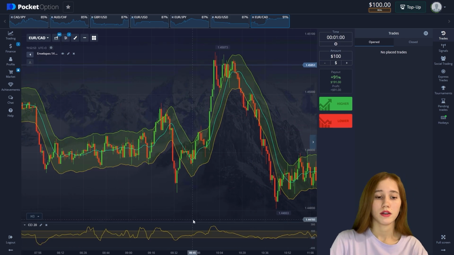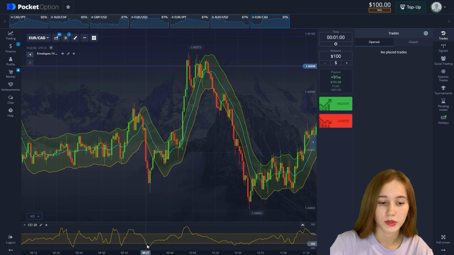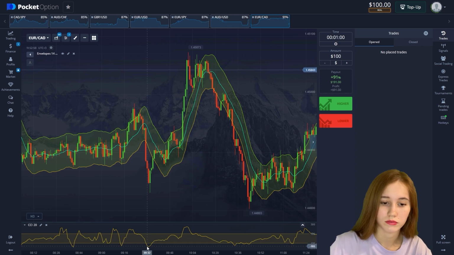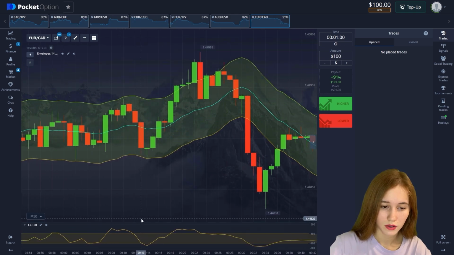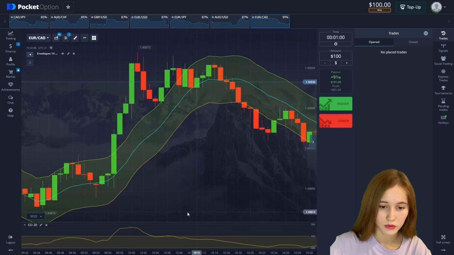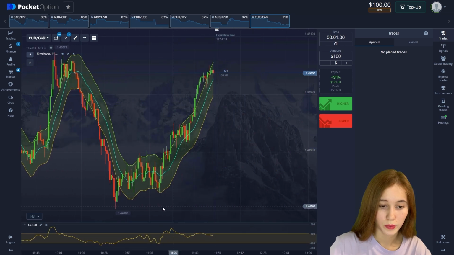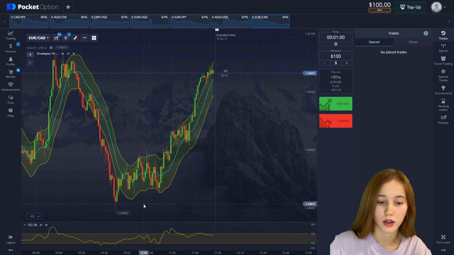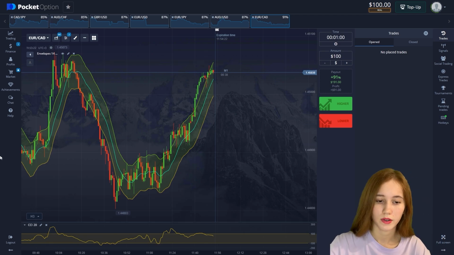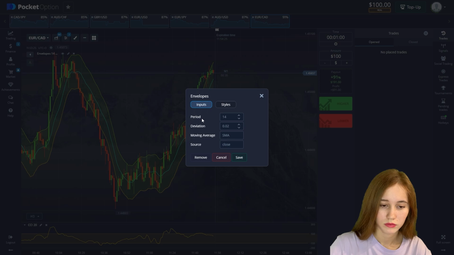I think it's very simple to understand. So these two lines, maybe we can have some consolidation. It's also present on the market. The settings of the other indicator.